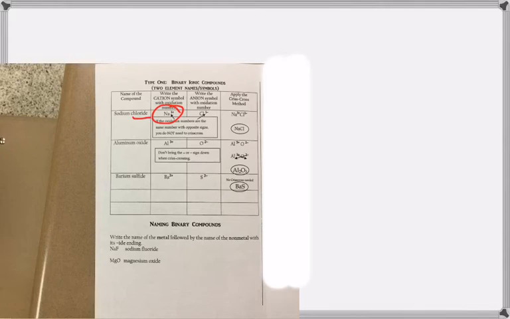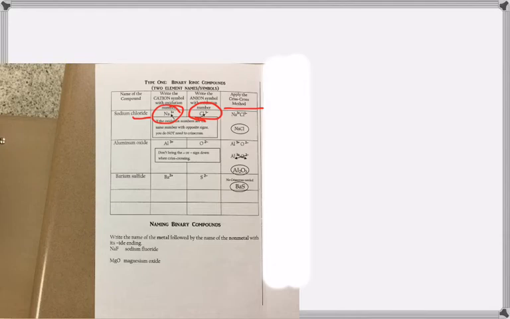Chloride has the ID ending on that, which means it's chlorine, so we write the chlorine symbol. It is in column 17, so it has a -1 oxidation number. Since the number in front of the positive sign and negative sign are the same number, we don't need to do any crisscrossing that it's asking you to do here. All we need to do is just write the element symbols down. So that formula is NaCl.